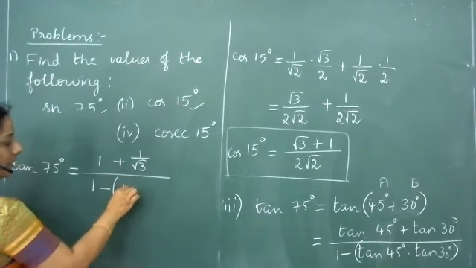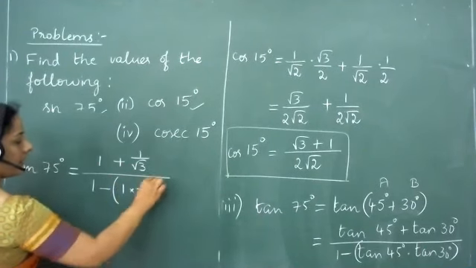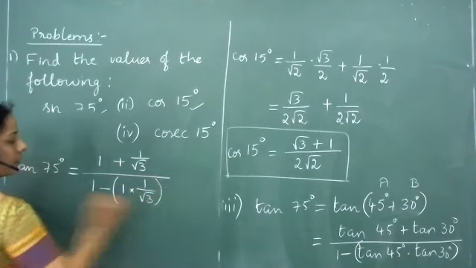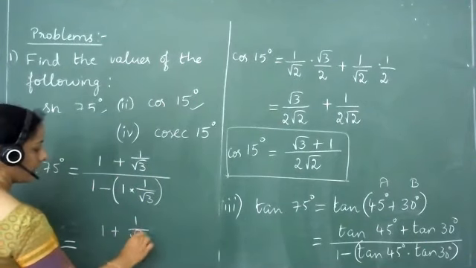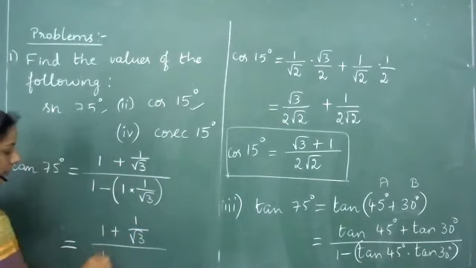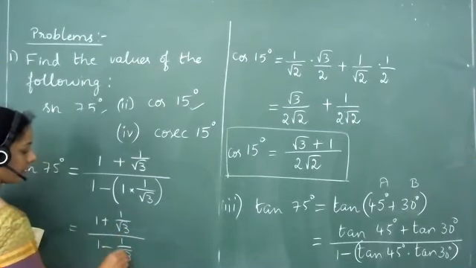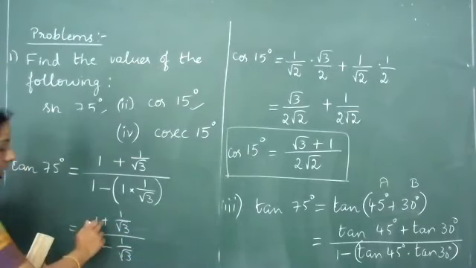That means 1 multiplied by 1 divided by root 3. This has to be simplified. You are getting 1 plus 1 by root 3 in the numerator, and in the denominator you have 1 minus 1 divided by root 3. You have a fraction which is divided by another fraction: 1 plus 1 by root 3 whole divided by 1 minus 1 divided by root 3.